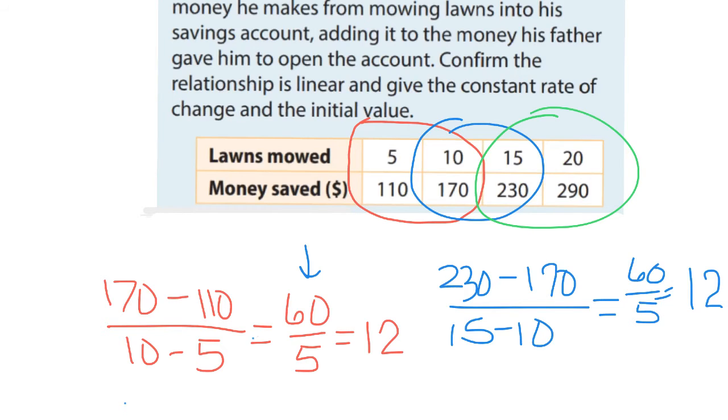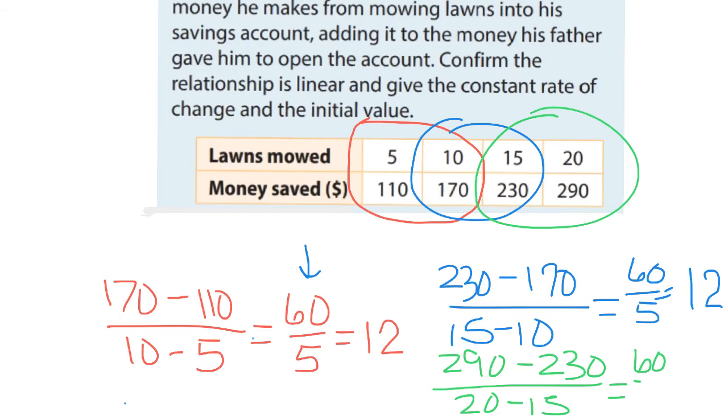Let's find the third rate of change. 290 minus 230, 20 take away 15. I have 60 divided by 5, and that is also 12. So what you just did was you confirmed that the relationship is linear by finding all three rates of change, and they are the same.